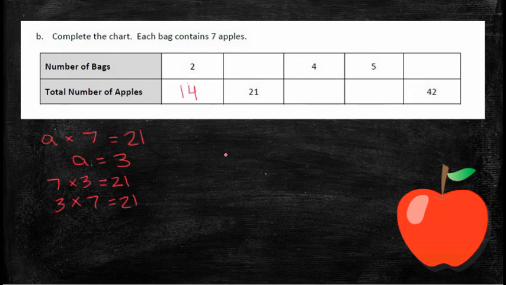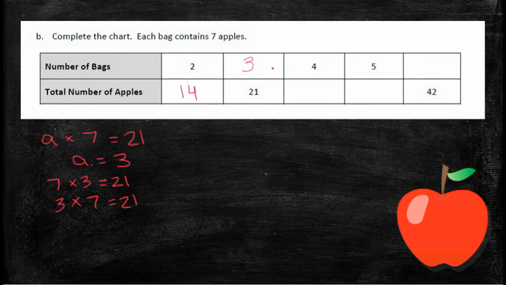Okay, that makes sense. All right, so we know that 3 times 7 and 7 times 3 both equal 21. But since we already have our 7, we are going to put a 3 here.